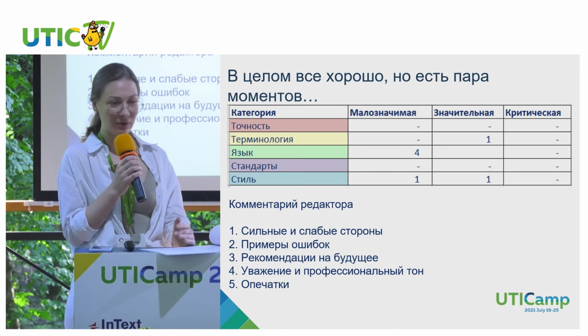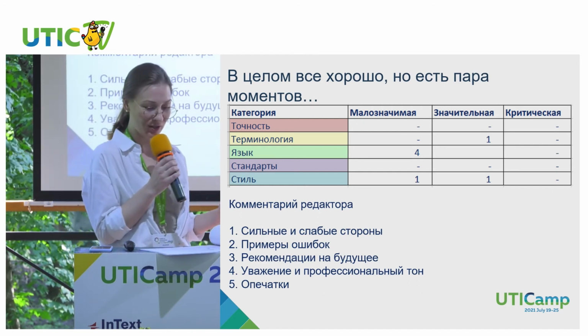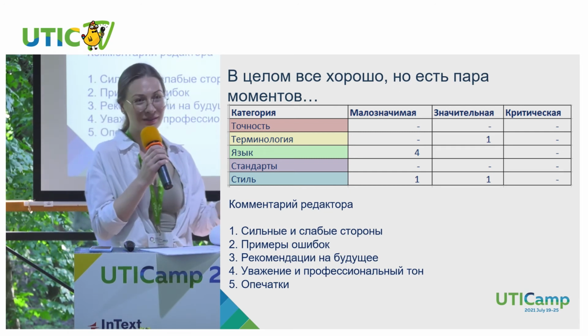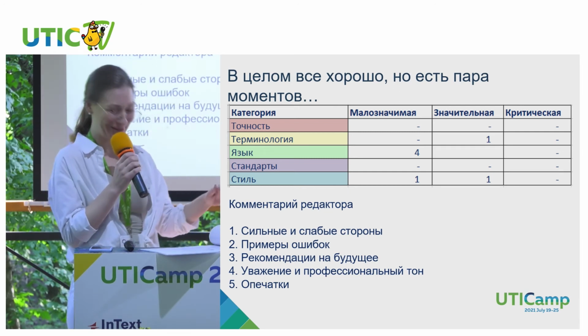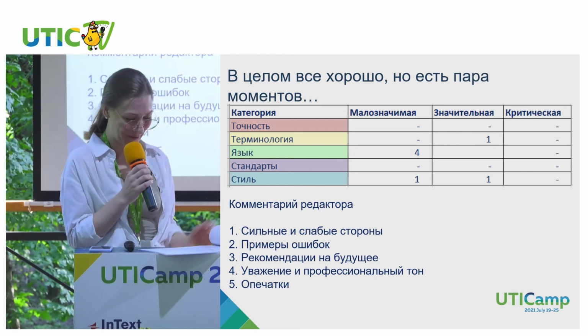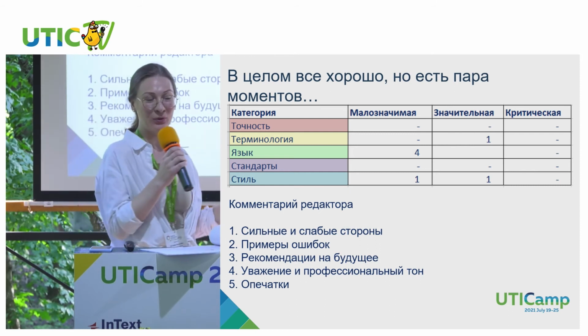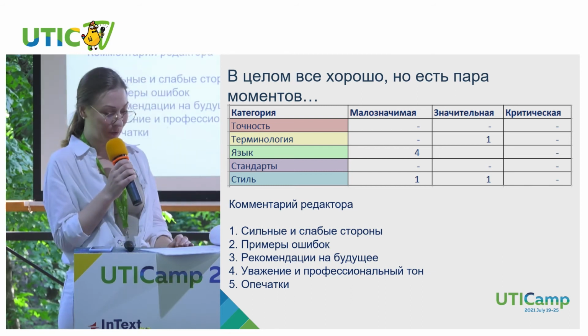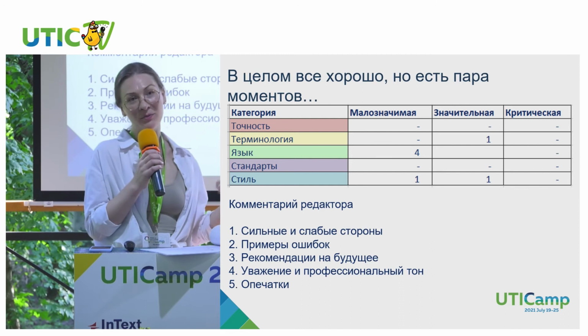He likes to have a conversation with young translators, and every conversation he starts with this introduction: overall, everything is good, but there are a few things. And people can faint, they're shocked, especially when they see this number of errors, like the number you saw on the previous slide.